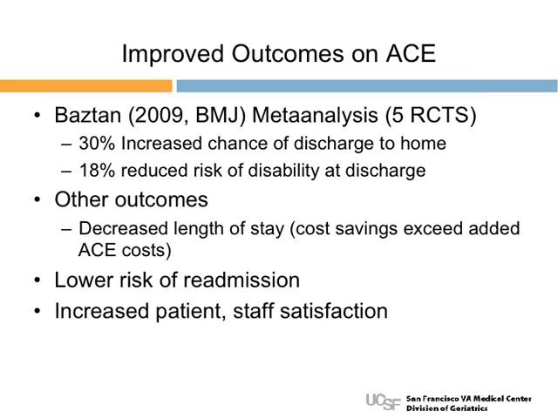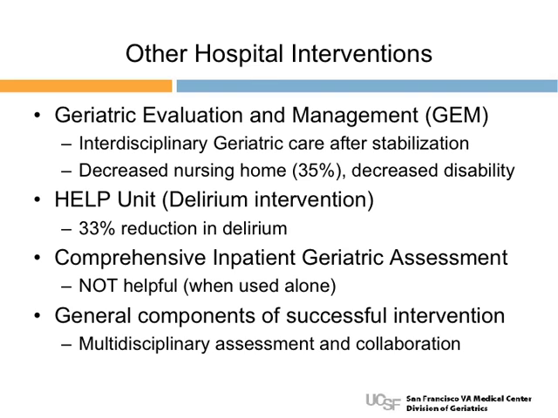ACE units are not the only intervention out there, so I'll briefly note a few other interventions that you should at least know the names of. The geriatric evaluation and management unit is very similar in design to the ACE unit, but rather than starting at admission, it usually starts after the patient is stabilized. So it's interdisciplinary care after stabilization, focused on rehabilitation.